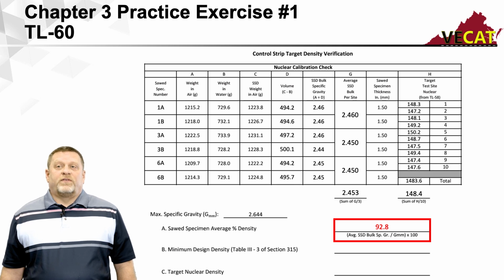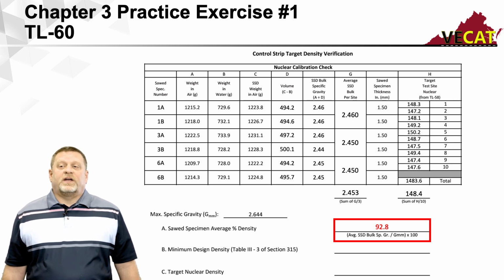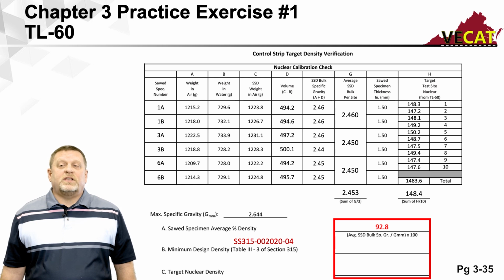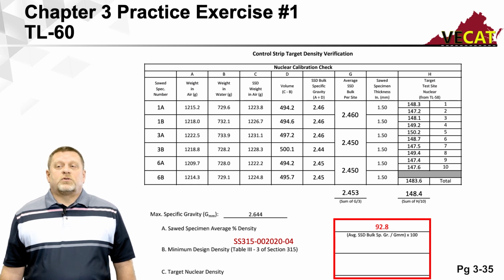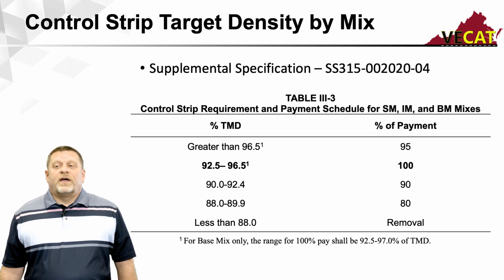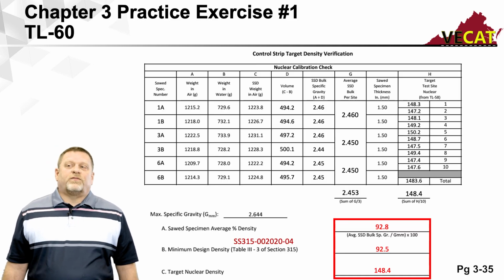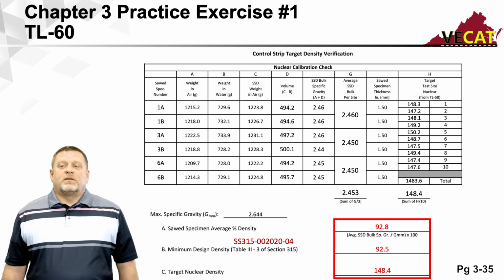Again, we got to verify if this specimen passes or fails the minimum density. We go back to the supplemental specification 315-002020-04, and that will tell us that the minimum density is a 92.5 for this particular mix, for surface mixes, and therefore our 92.8 for this control strip does meet the minimum density requirement of a 92.5 for this particular exercise.